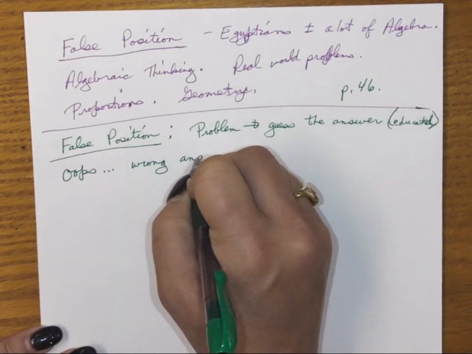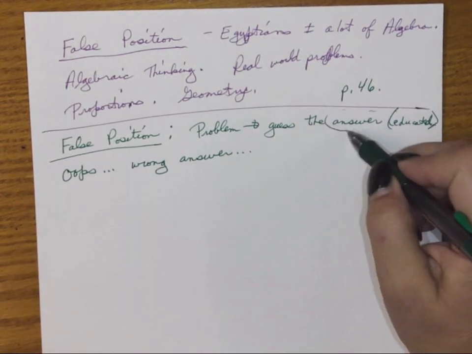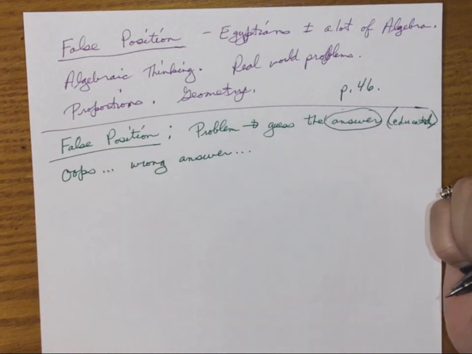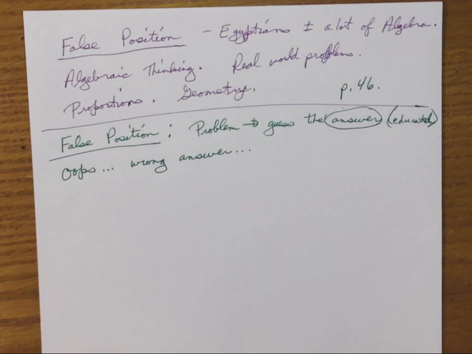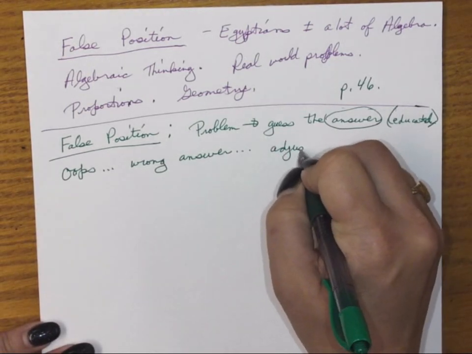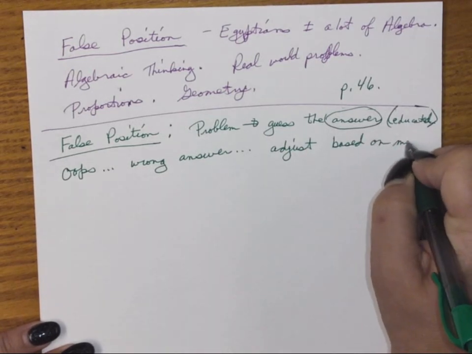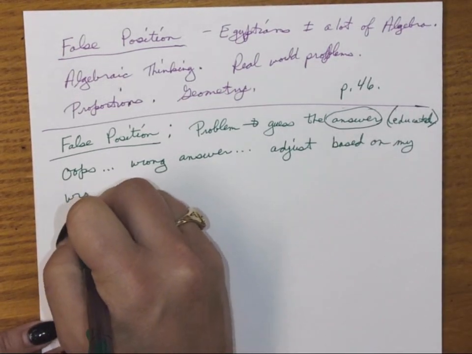Okay, so this is where the false position bit comes in, because I'm taking a position, I'm taking a stand. Here's my answer. That's my position. Oh, it's wrong. Okay, that's all right that it's wrong. It doesn't matter. I just need to adjust based on my wrong answer. That's okay.